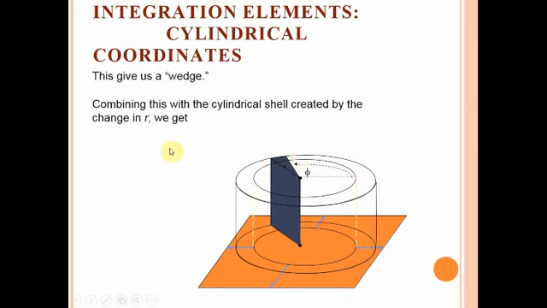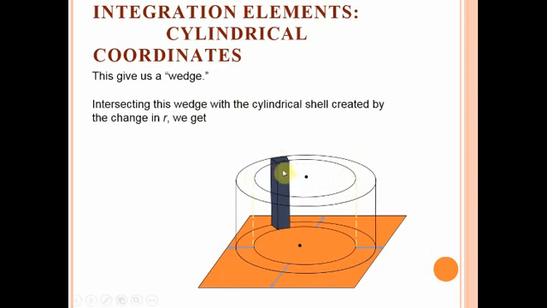We can have a wedge type of structure like this, created from the rotation of the plane from one point at a certain angle phi to another at angle phi plus delta phi. This is the incremental element at that particular site.